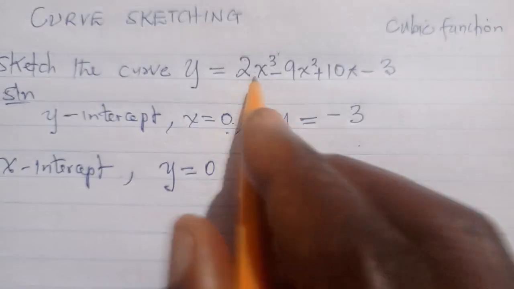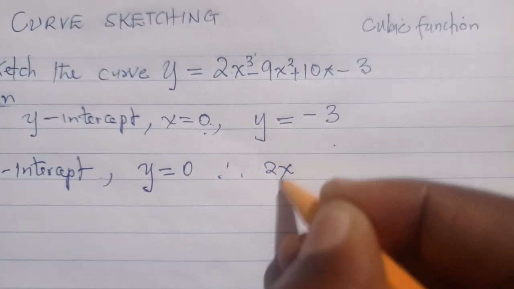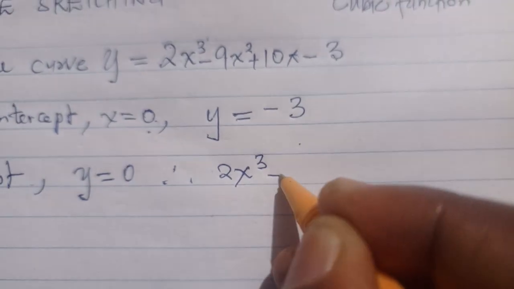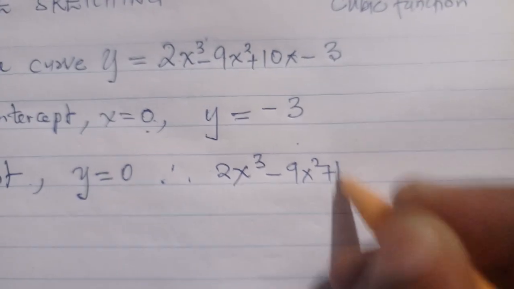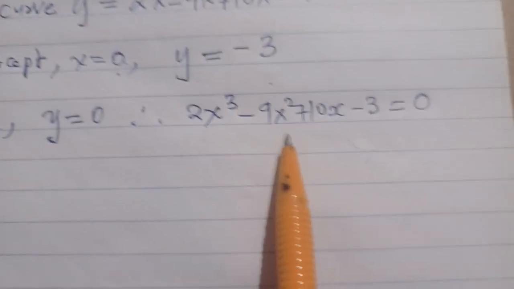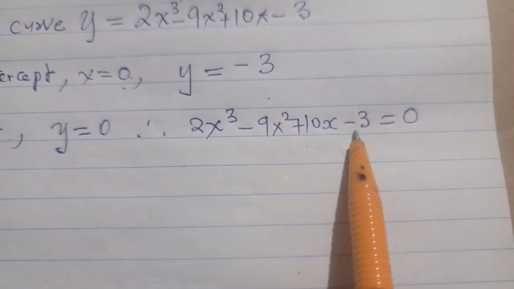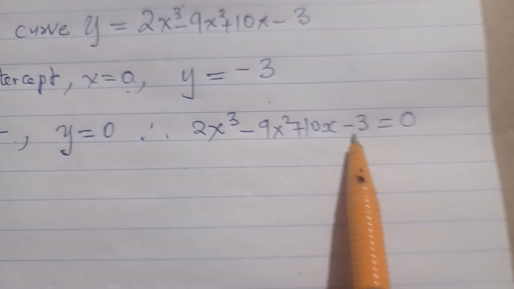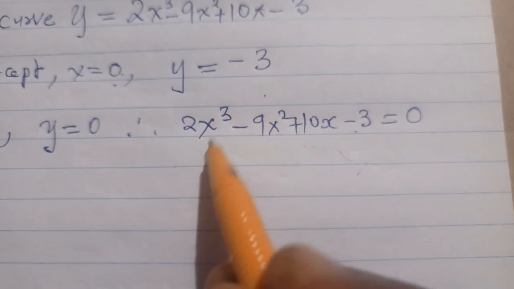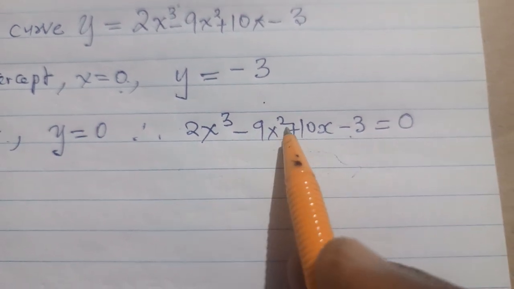So therefore we equate this function to 0, which is, at the x-intercept, 2x cubed minus 9x squared plus 10x minus 3 is equal to 0. So the task that we have is solving this equation here, a cubic function. Now I charge you with that responsibility. You can use the factorization method.